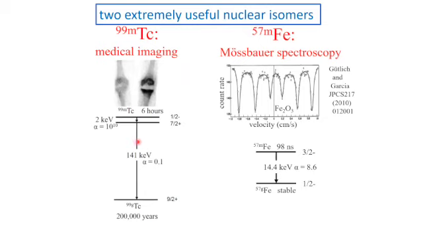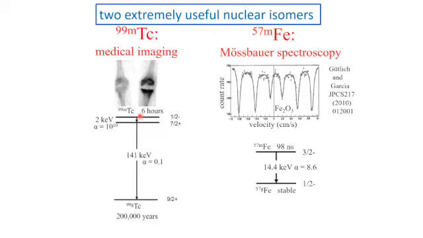But from a radiation point of view, the isomeric decay involves 141 keV gamma ray, and this is a very convenient energy for detection with gamma ray detectors, and it's become very popular.